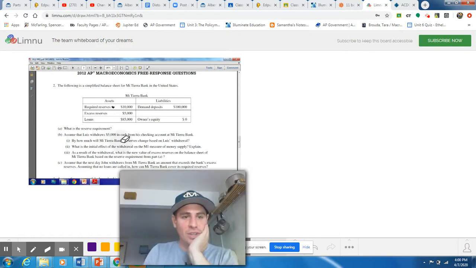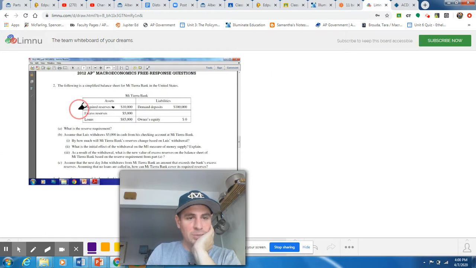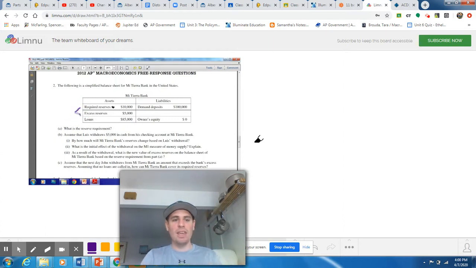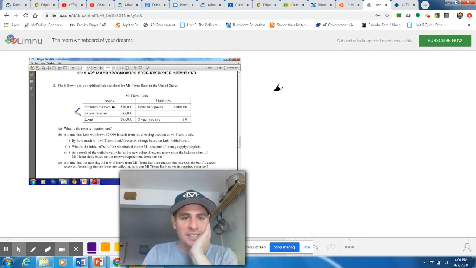Okay? So there are two types of reserves, excess and required. Now, if in a test it just says how much are in reserves, you got to factor in both required and excess. Here they broke it down. So letter A is asking, what is the reserve requirement?